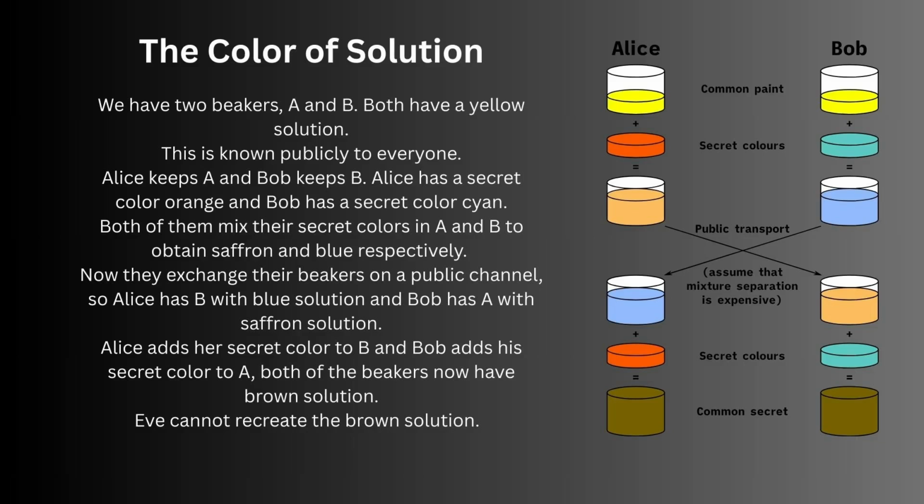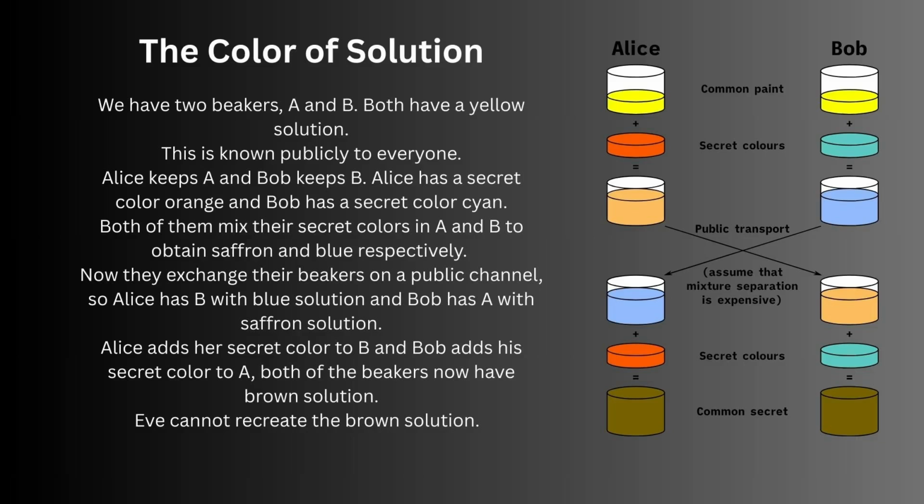Our central assumption is that there is no way to break down a solution into its primary colors. So Eve knows that both of them are sharing some colors, which are blue and orange here, but she does not know their constituents. She knows one of them is yellow, but the other, secret one, she has no way to figure out.